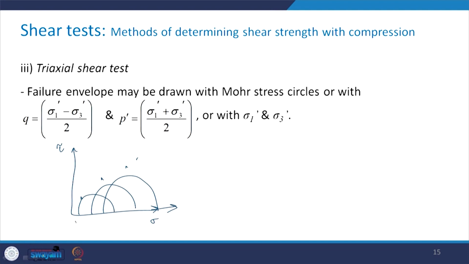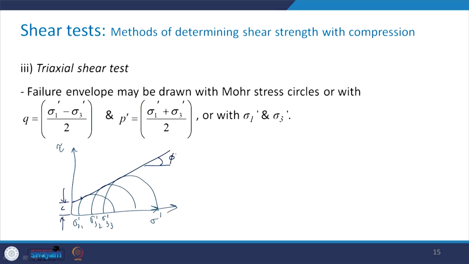So here in this case, say it is sigma 3 prime 1, this is sigma 3 prime 2, and this is sigma 3 prime 3, and then you can draw the common envelope to these 3, and this intercept is given as C, and this is going to give you the value of phi.